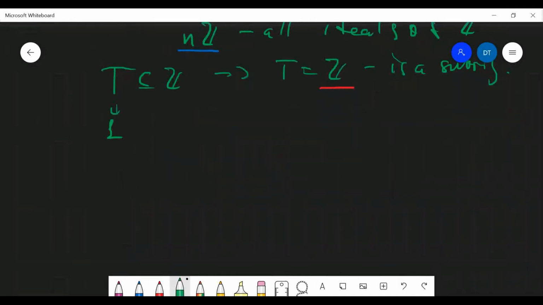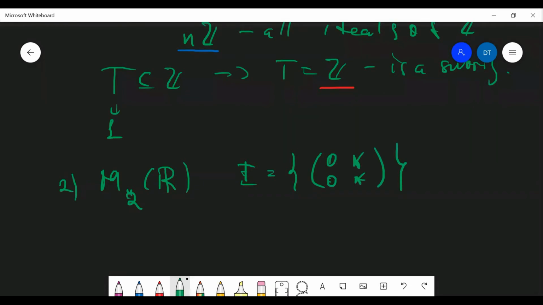Another example: if we take the ring of square matrices with real coefficients. I'm not describing all possible ideals, but I just want to give an example of an ideal. Let's take just two by two matrices for simplicity, and consider all matrices of this form. The first column must be 0, and the second column consists of any numbers.